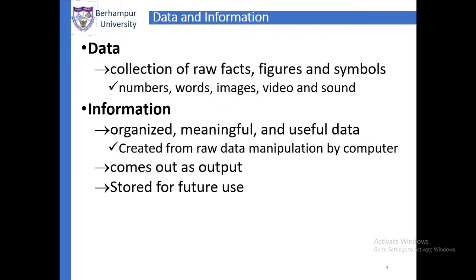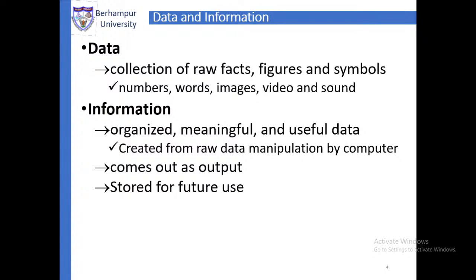And now what happens in the information stage? Once you have got raw data, in the information stage you have to organize those raw data. So that is organized data, which gives some meaning, so it is meaningful, and these are useful. These are created from raw data by manipulation using the computer.